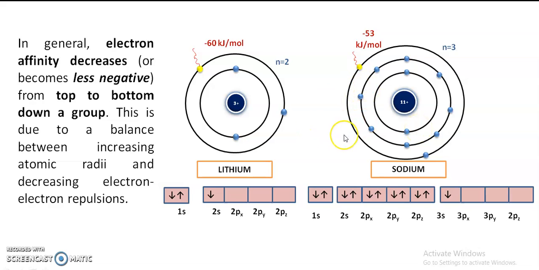So electron repulsion is the same in both cases, and effective nuclear charge doesn't affect much in these cases. So we can say this is due to the balance between increasing atomic radii and decreasing electron repulsion.